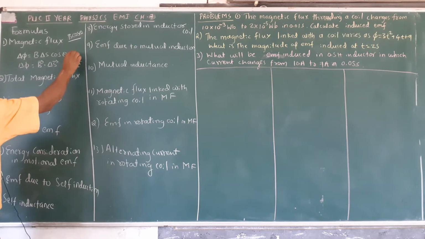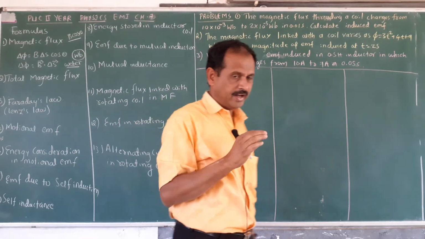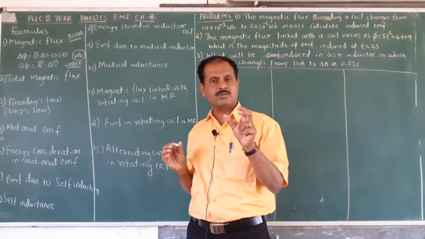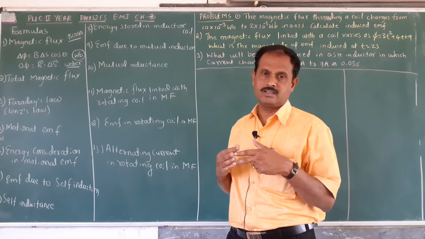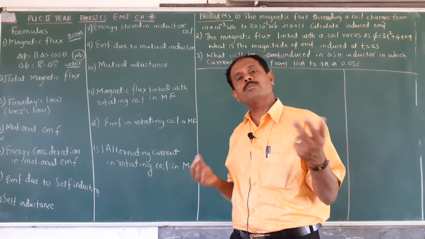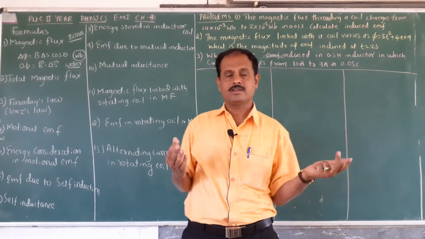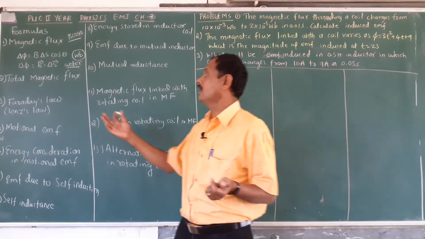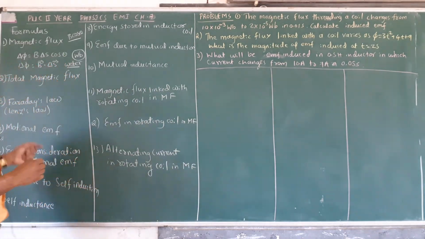Weber is the SI unit of magnetic flux. The number of magnetic field lines normally passing through the area is called magnetic flux. The more magnetic field lines normally passing through the area, the more the magnetic flux. This is the scalar product of the magnetic field and the area.